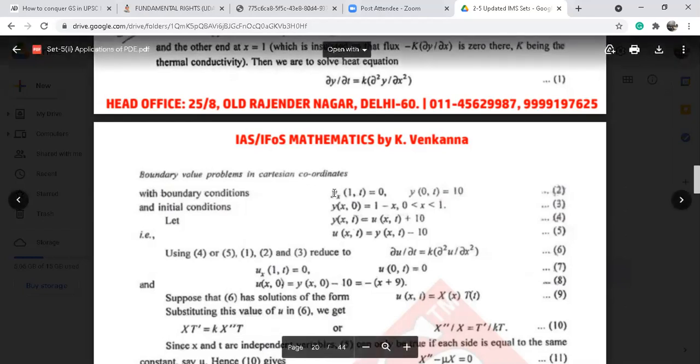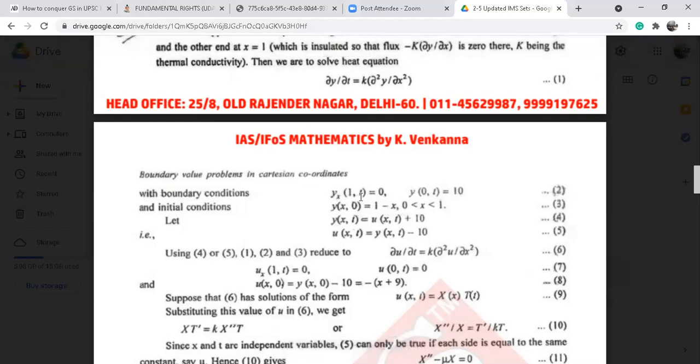At the other point, del y by del x of 1,t equals 0, the flux at that point is 0. This is the second boundary condition, because the other end is insulated. Now, the initial condition is y of x,0 equal to 1 minus x. This part is very straightforward.